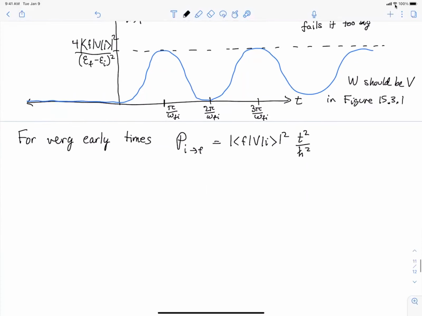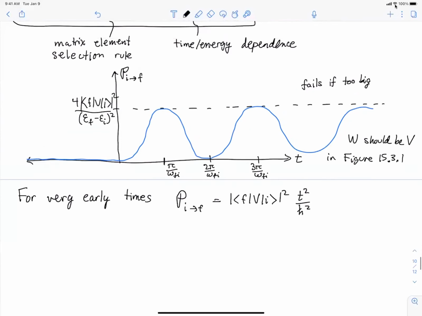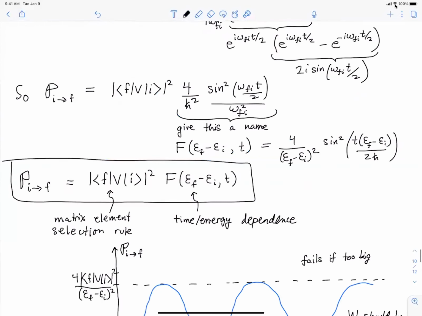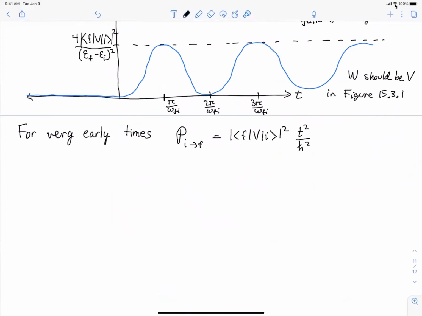Okay, so another way of expressing all of this is to graph the function f here that we defined. Let's graph this, instead of graphing it as a function of time, let's graph it as a function of energy. Okay, so graph f. Of course, it also depends on the initial state energy, and it depends on time.